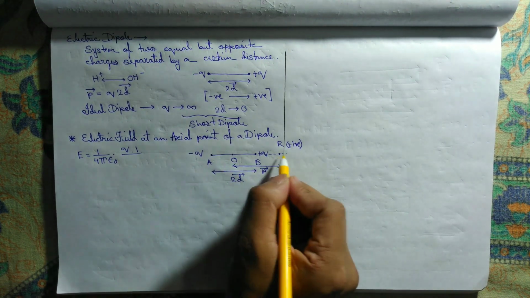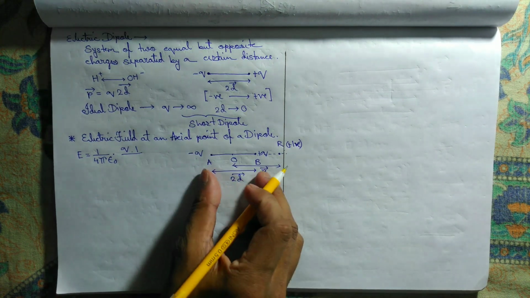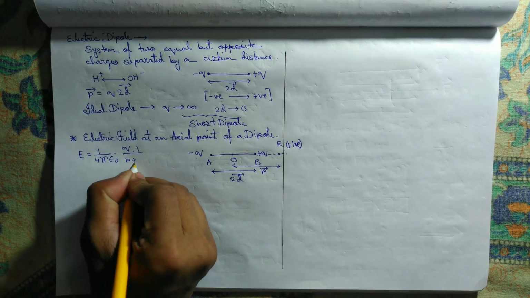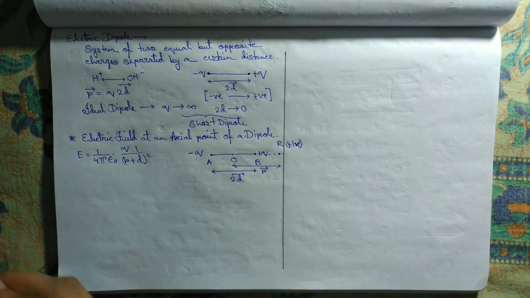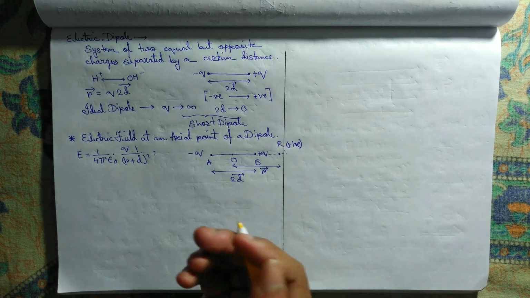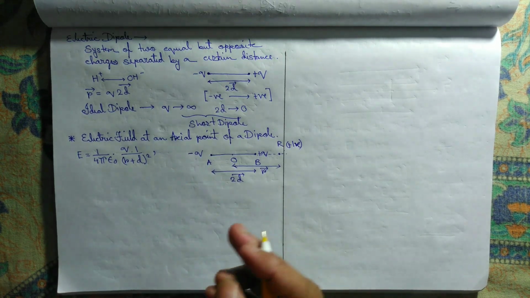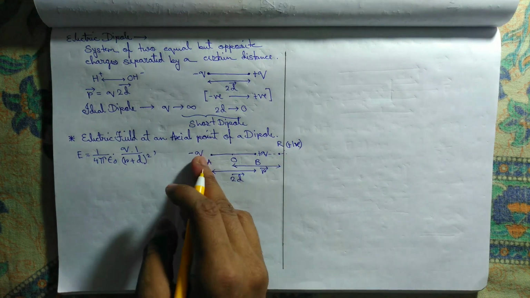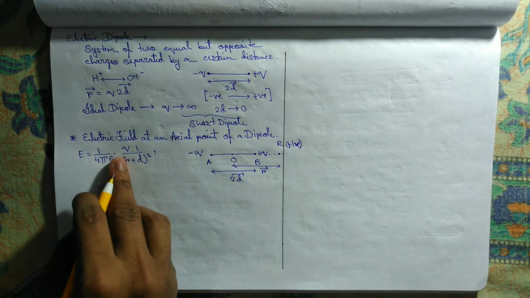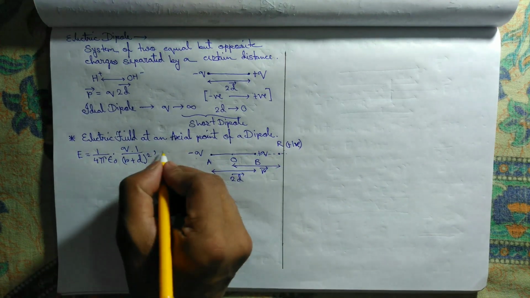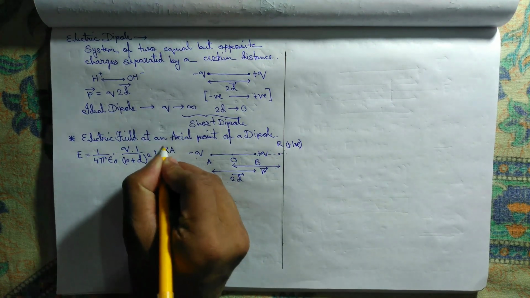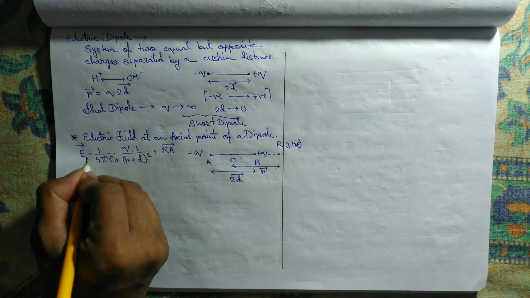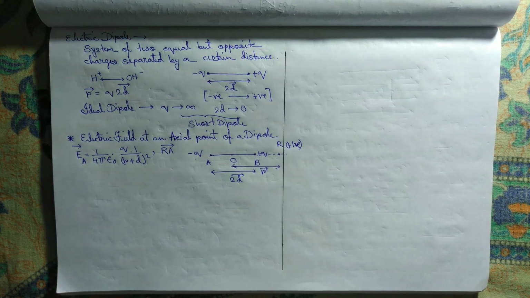The distance from minus q to R: this total is 2d, so AO will be d and this will be r, so (r plus d) whole square. What will be the direction? As we know, the electric field direction is positive to negative, so minus q will attract this charge, so it will be in the RA direction. That will be the electric field due to the point charge minus q at the point R.